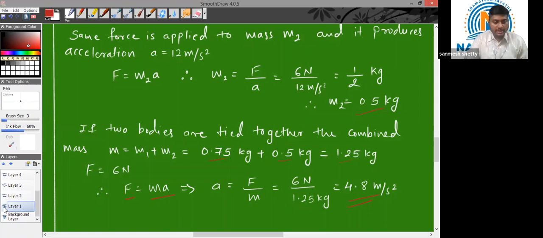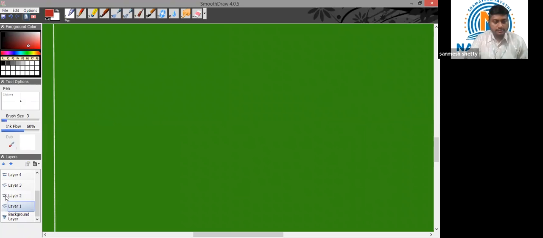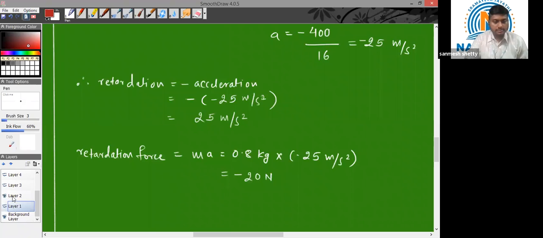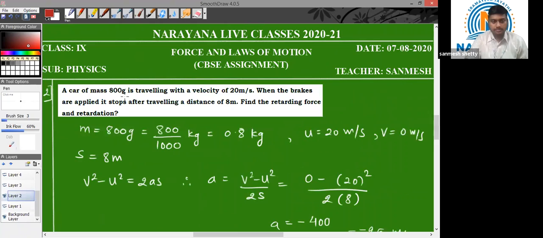Let us proceed to our next question. A car of mass 800 gram is traveling with a velocity of 20 meters per second. Now you will think that a car will not have such a small mass. There may be a typing error in your assignment.